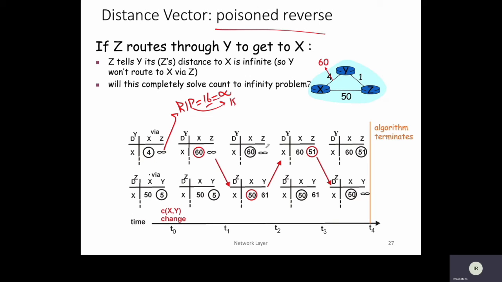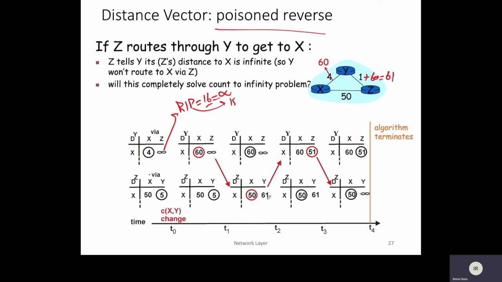Now again, look at the same problem: after T naught, there is a change in the link cost between y and x, and the cost has changed from 4 to 60. Immediately, and rightly so, the cost 60 is selected. Now it informs z that the cost has changed from 4 to 60, and z says fine, the cost to reach y is 1, so 1 plus 60 is 61.